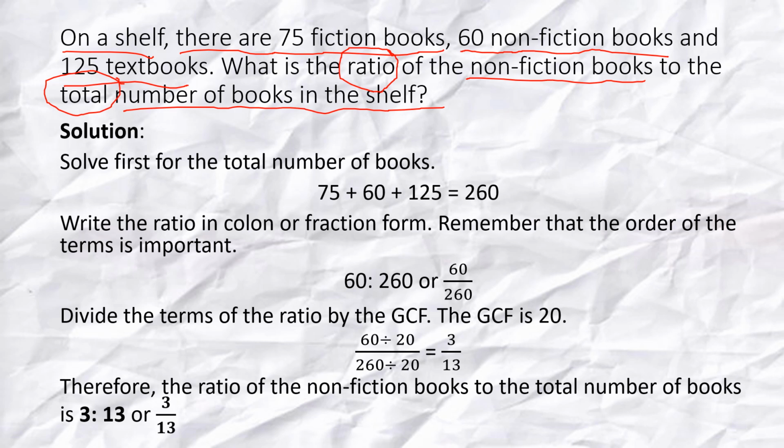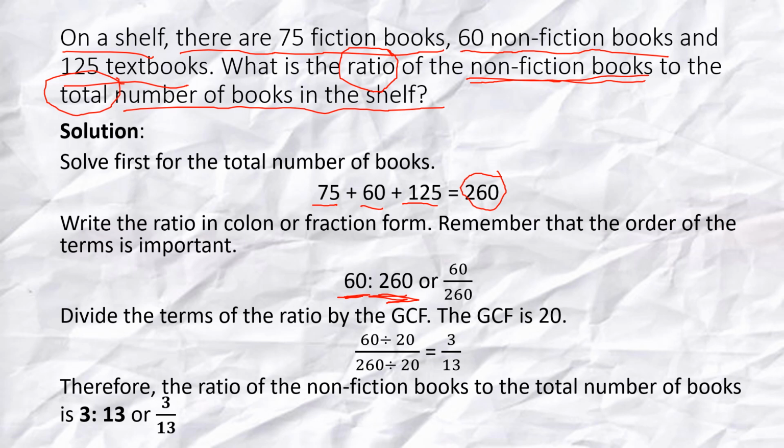So first, of course, we have to solve for the total number of books. To do that, we simply add the number of books on the shelf. That is 75 plus 60 plus 125. The total is 260. After that, we can now write the ratio. The first term mentioned in the problem is the number of non-fiction books, which is 60, followed by the total number of books, which is 260.